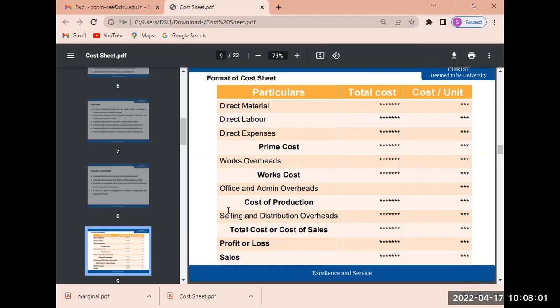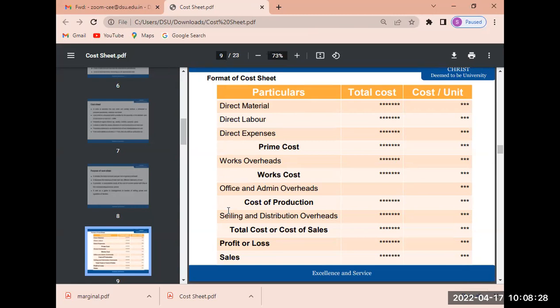The supervisor's salary is not a direct cost, because without a supervisor also the work will go on. His duty is just to supervise and give instructions. But really the conversion is done by the end laborers. So the labor cost and direct expense. Direct expense means any expense that is directly associated with the unit of production. That is called direct expense.